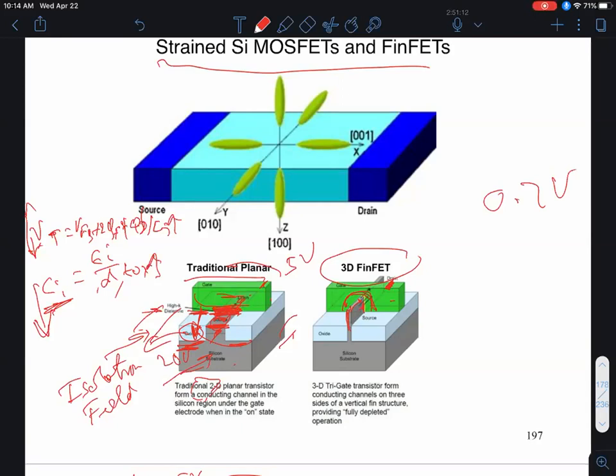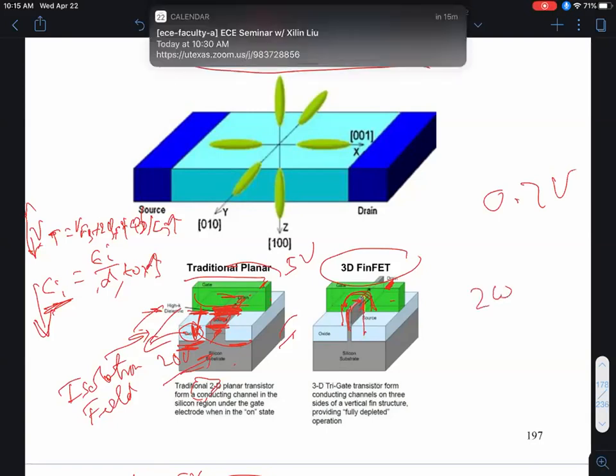But here the width is this vertical dimension of the fin plus the horizontal dimension, which is typically very thin, plus this vertical dimension. So it's twice the fin height. So the width is 2 times the fin height plus the fin width.